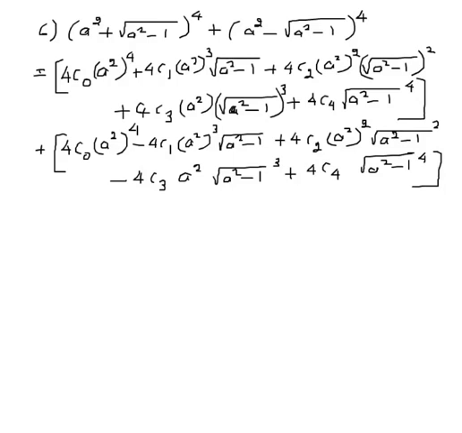We have a plus sign in between, so positive and negative terms will get cancelled. We get 2 times, let us simplify and write, 4C0 is 1.